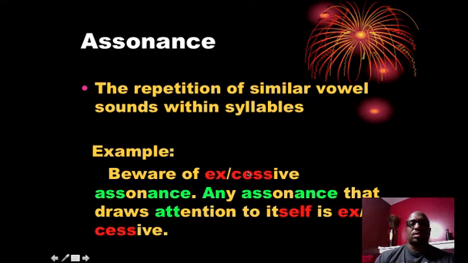You hear it, excessive and self. So the key that I want to point out here is how it is the sound of the vowel. It is not looking for similar letters, but is how the letters sound. So keep that in mind. Assonance deals with the sound, not the letters.